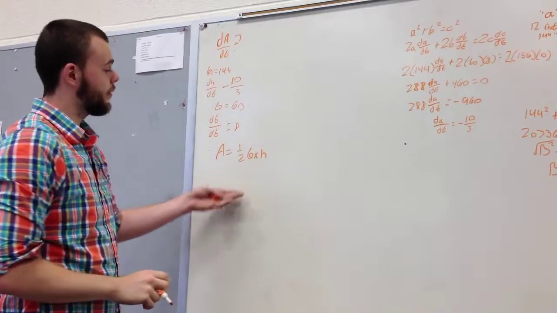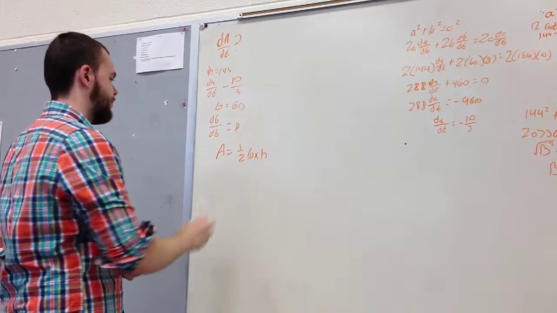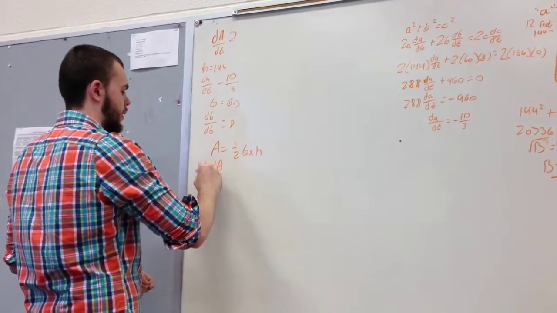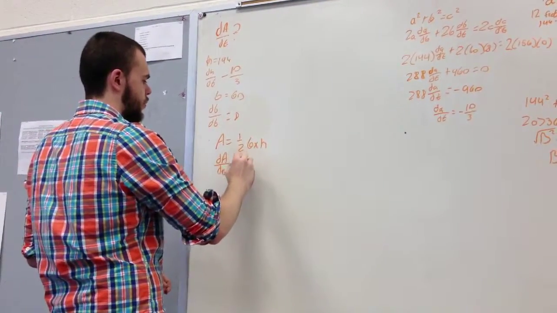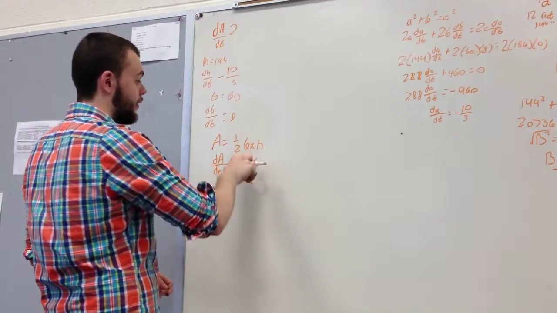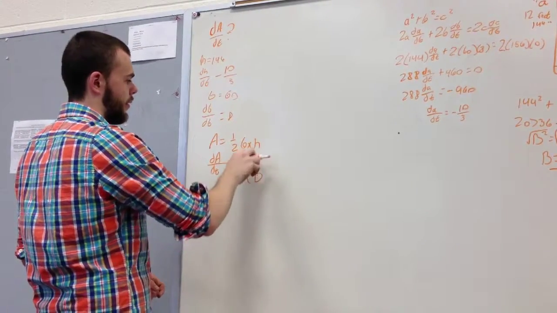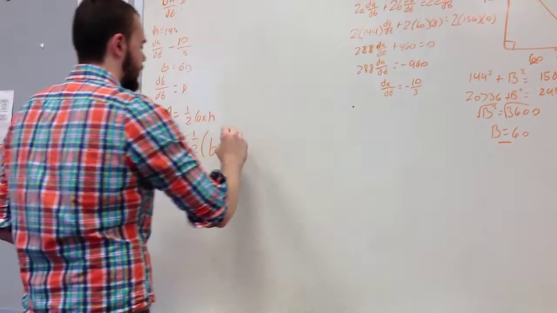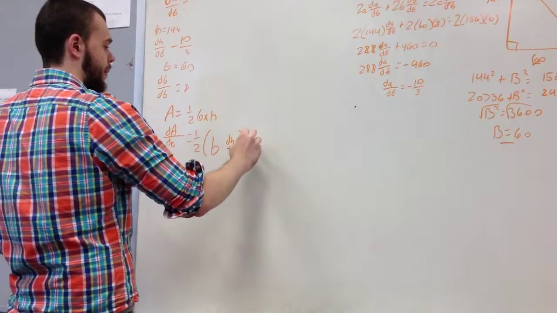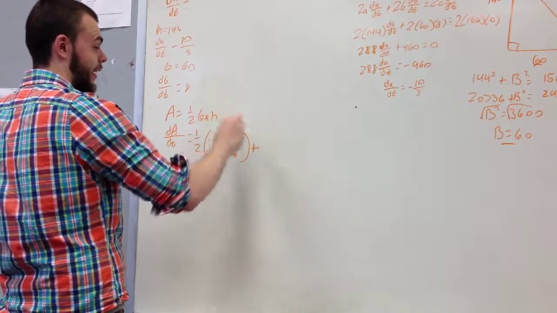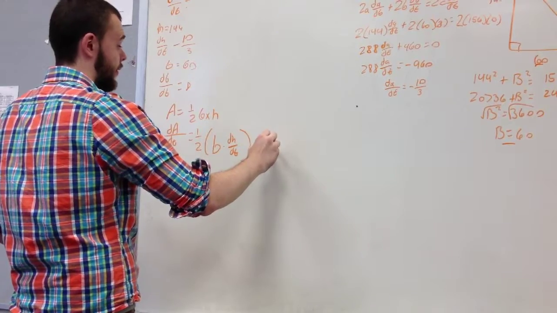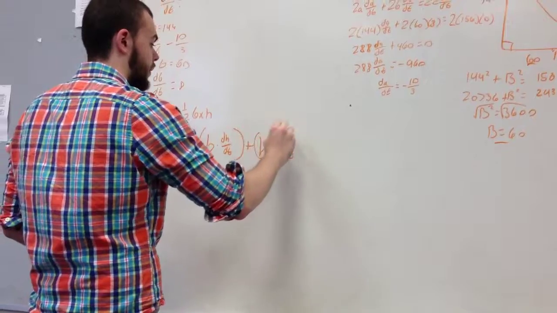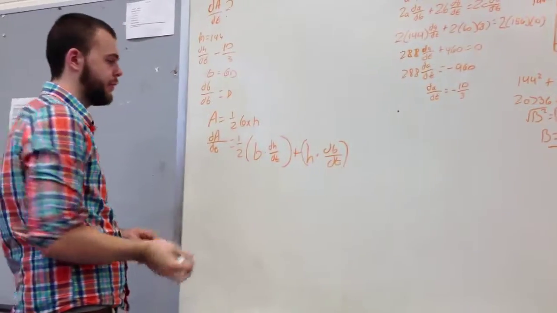Now, we will differentiate this using the product rule. dA/dt equals 1/2 the first, base, times the derivative of the height, dh/dt, plus the second, height, times the derivative of the first, db/dt. Now, we're going to plug in the values we know.